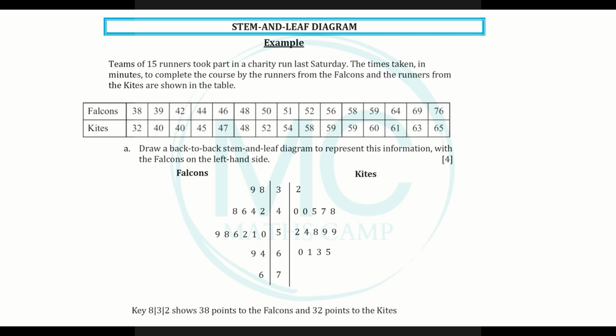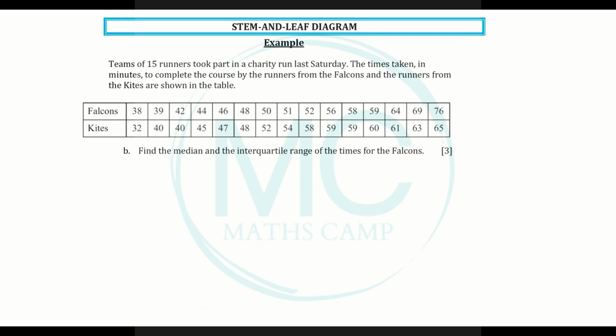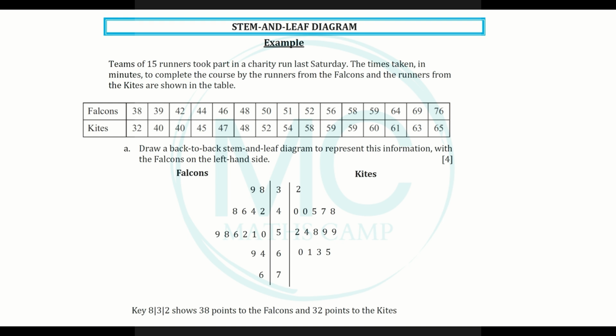And now we can look at part B. Find the median and the interquartile range for the times for the Falcons. Let's start with the median. We're going to use our table from part A. There are 15 runners. It's an odd number.